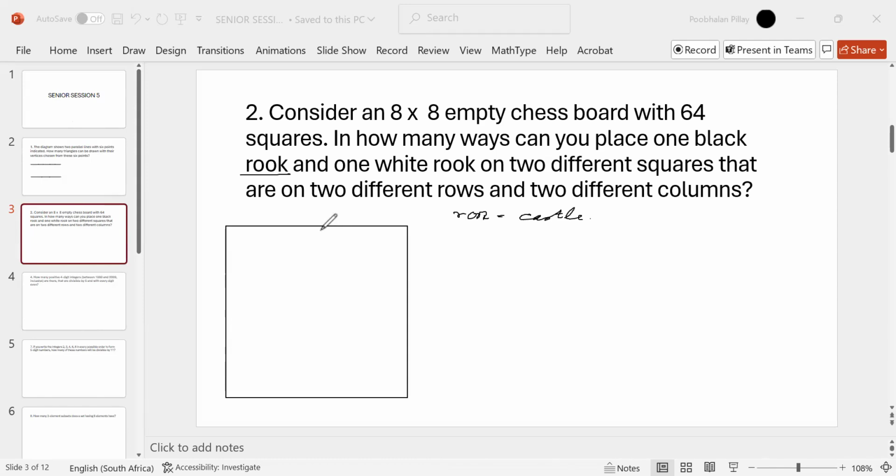Okay, let's place the black rook. We can place it anywhere we like. So there are 8 columns, so you could place it in any one of the 8 columns. Okay, so you got the black rook is sitting here somewhere.